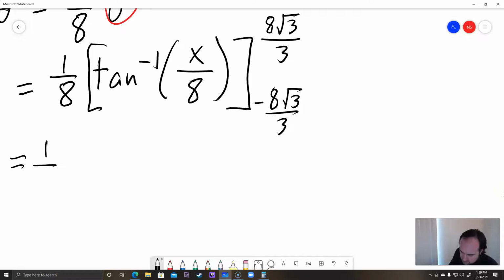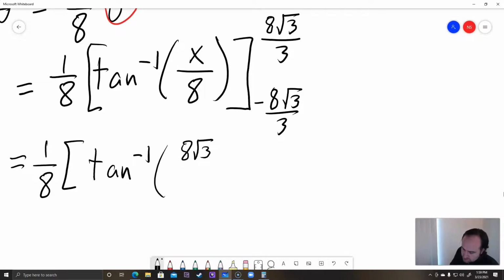Okay, so we have 1/8 times tan inverse of, well, the top number was 8 root 3 over 3. So I have 8 root 3 over 3 over 8 minus the function evaluated at the bottom number.